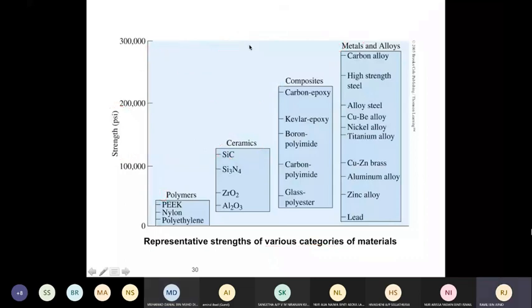So if you don't really understand, let's say you compare a 5 years old boy with a 35 years old adult man. Okay, you cannot say that this 35 years old adult man is stronger than this 5-year-old boy.